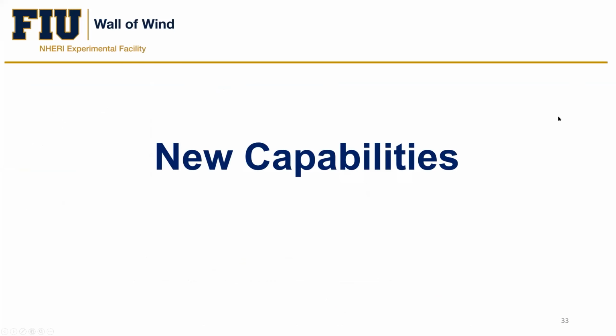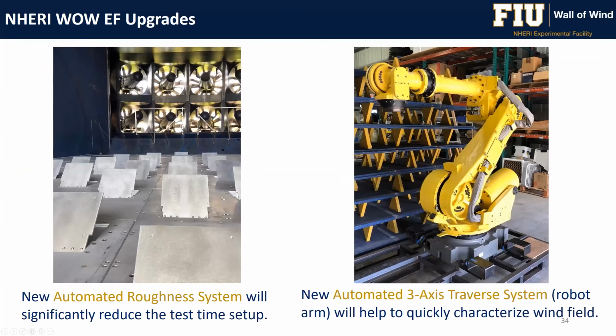Okay, so for the new capabilities, the ongoing improvements or upgrades at the Wall of Wind, Arenda mentioned the automated roughness system, which will significantly reduce the setup time of the roughness. We can test open terrain and suburban terrain in less time.